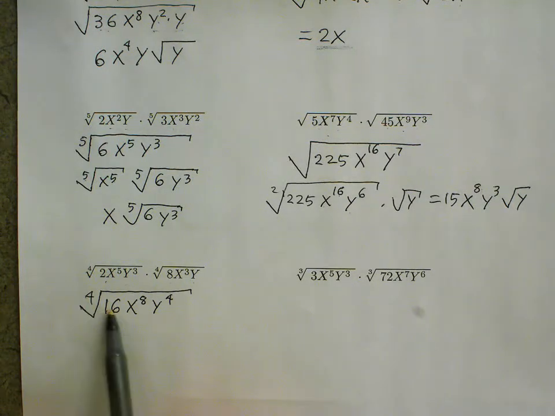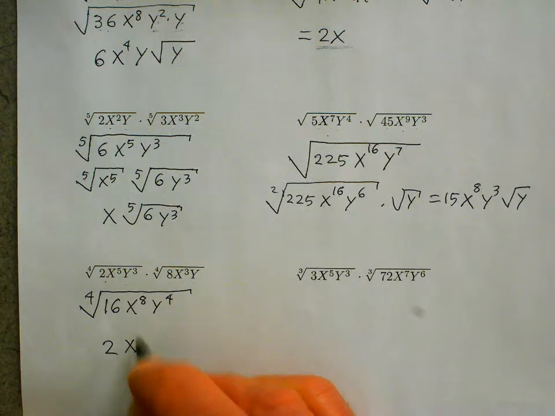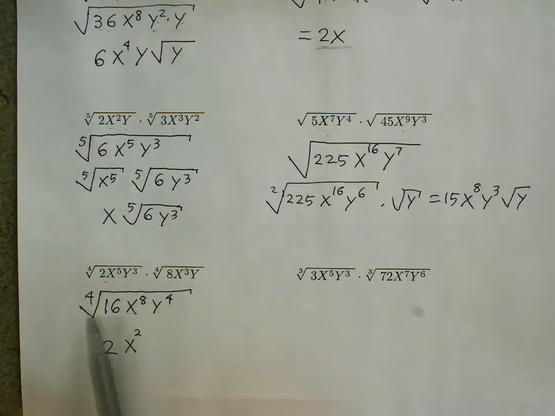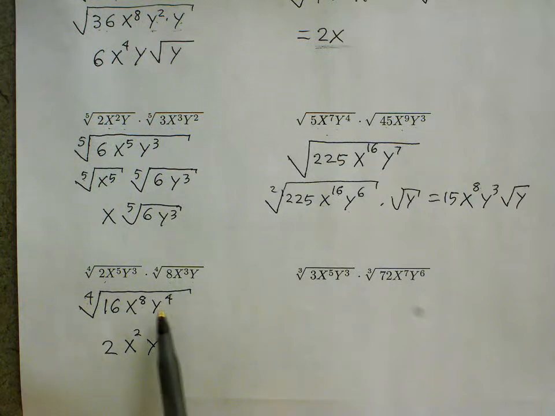The fourth root of 16 is 2. The fourth root of x to the eighth is x to the second because the exponent 8 divided by the index 4 is 2, and then times y, because the fourth root of y to the fourth is just y to the first, or y.